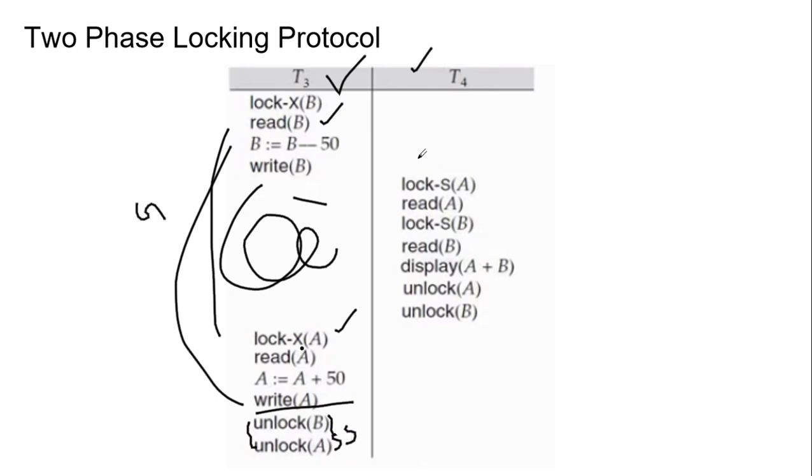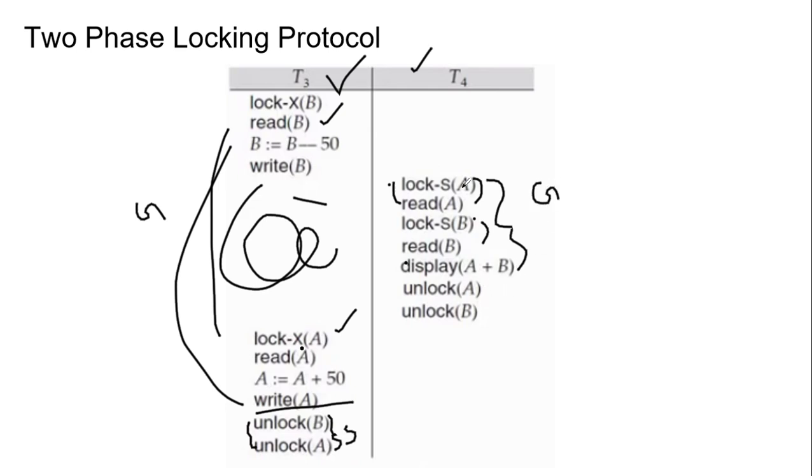Now go towards transaction 4. Here also I am going to work with two data items, A and B. Here A is on a shared lock and B is also on a shared lock. After this statement we can't see any unlock statement. After A it goes directly towards the data B, so from this part to this part we call it the growing phase.